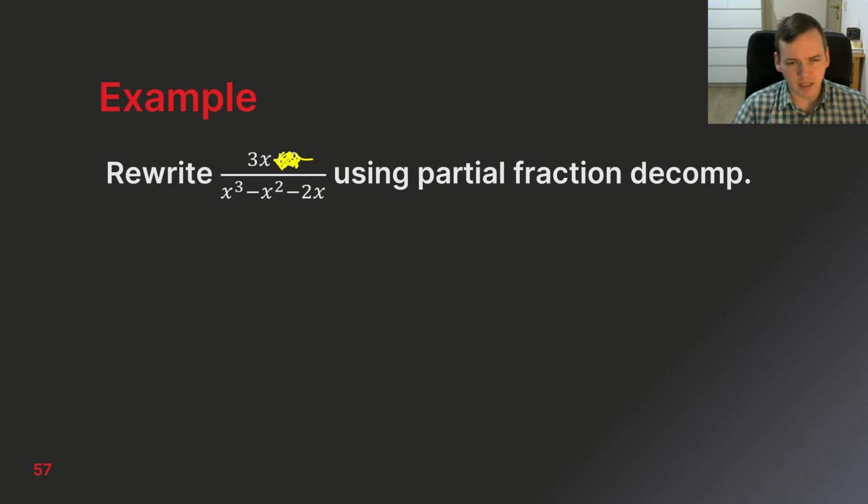But I'm going to take that out just so it makes it a little bit easier to work with here. You'll notice I can get rid of an x from all of this, and so it'll be ultimately 3 divided by x squared minus x minus 2. That can be rewritten as 3 over x minus 2 times x plus 1. So first we need to get it in this form.